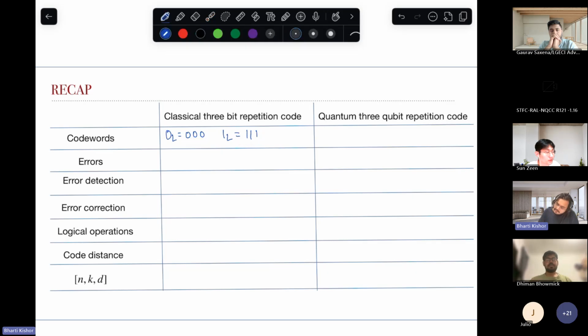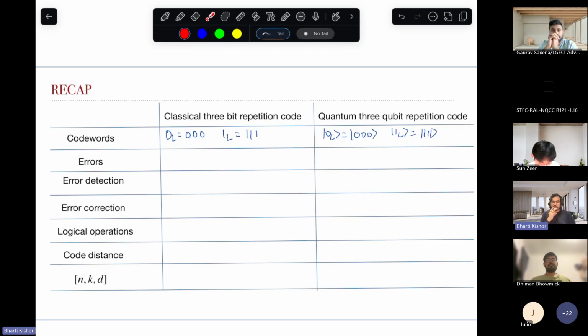In the quantum case, 0 logical was 000 and 1 logical was 111, and any quantum state alpha 0 plus beta 1 was alpha 000 plus beta 111. The space spanned by 000 and 111 contained the error-free encoding of the quantum states.